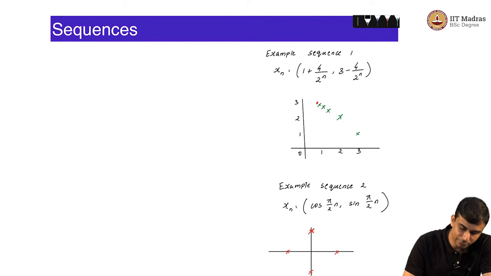So you can say that, let us say you have a sequence x1, x2, dot dot dot, where xi are d-dimensional vectors.